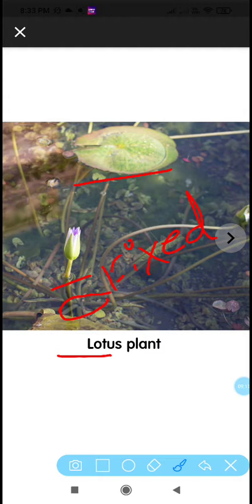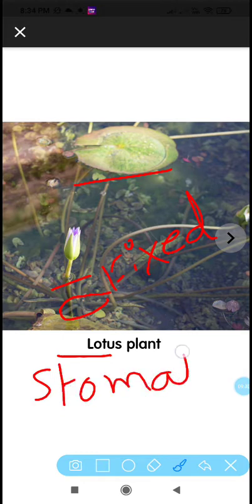You learnt in terrestrial plants, plain areas, mountain areas, how they have stomata to take air inside and release the carbon dioxide outside. In the same way, these leaves also have stomata on the upper surface so that water does not block the pores.